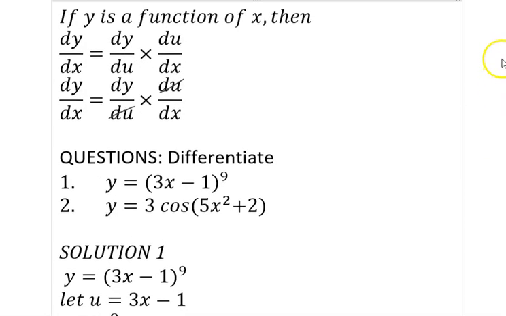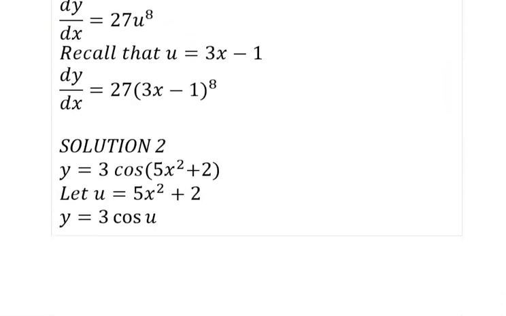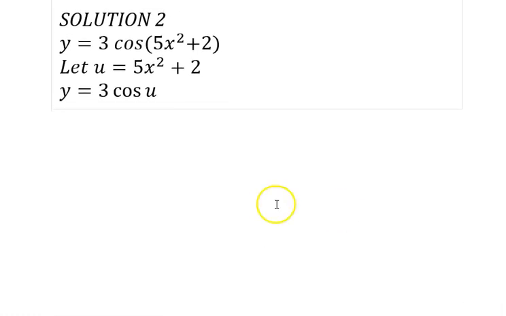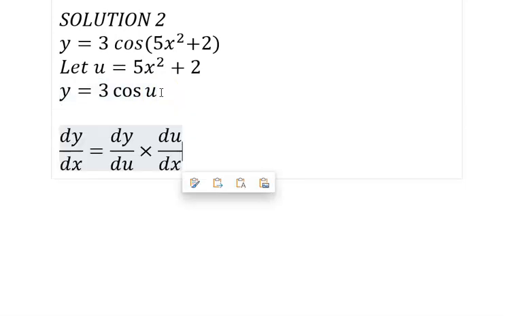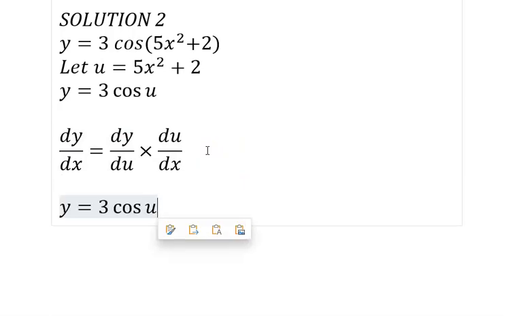Beautiful. So with this, let's bring out our formula so that it will guide us on what to do. Let's get our formula. So this is our formula now. This will guide us. Now dy dx. So what we need now is our dy du. We can get dy du from here.